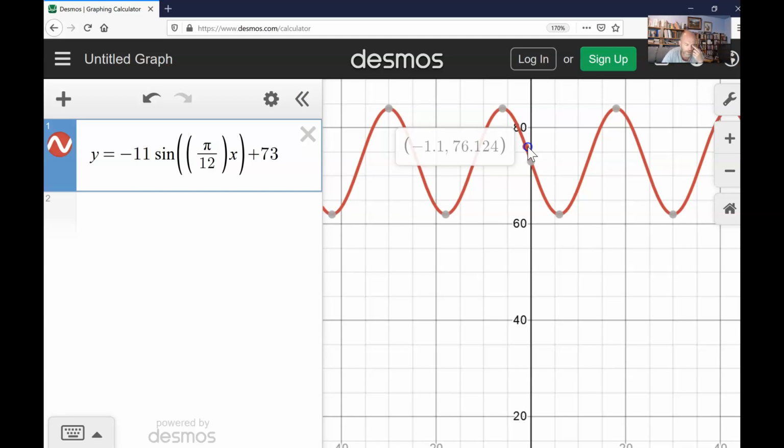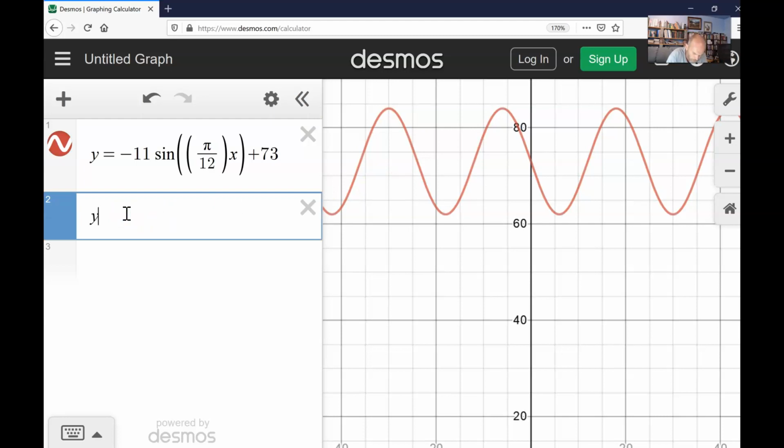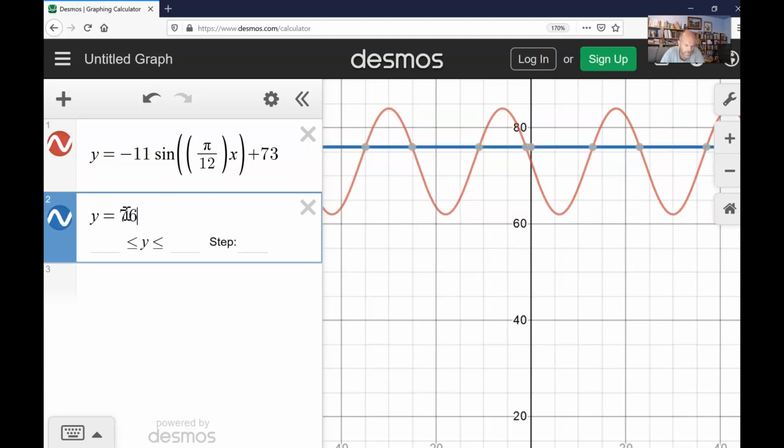If you look at the graph, the problem is that it hits 76 a couple of times. In fact, let's put in y equals 76, and you can see there's the answer that your calculator is giving you. Here's another answer right here, and another one there, and another one back there.